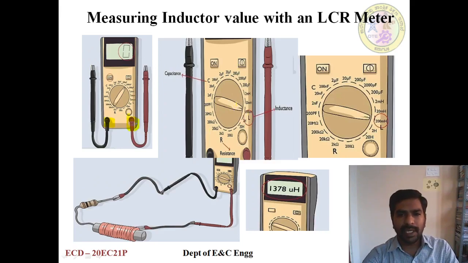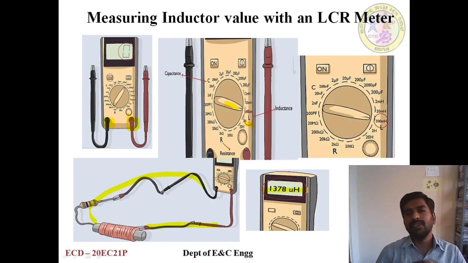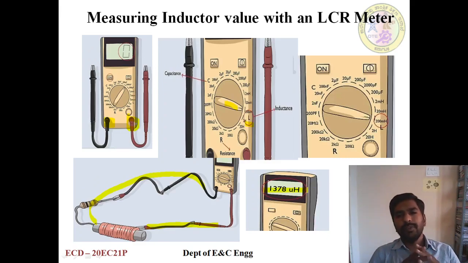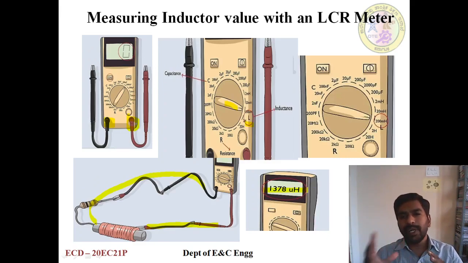Set the range dial knob to the inductor section L. L has different ranges also, depending on the value. We can set this range and place the positive lead on one inductor terminal and the negative on the other. It displays the value. It is simple, not a difficult thing. The only difficult thing is selecting the range. An appropriate range selection is required.